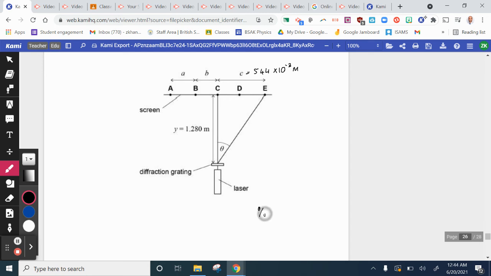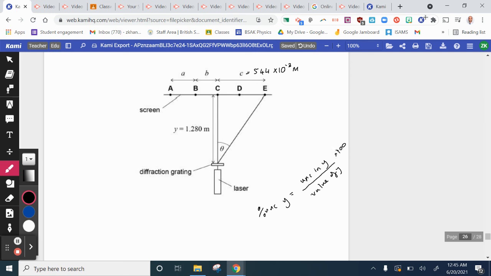So the percentage uncertainty in y is equal to the uncertainty in y, which is plus or minus a millimeter if you use a ruler, divided by the distance or the value of y, times by 100.